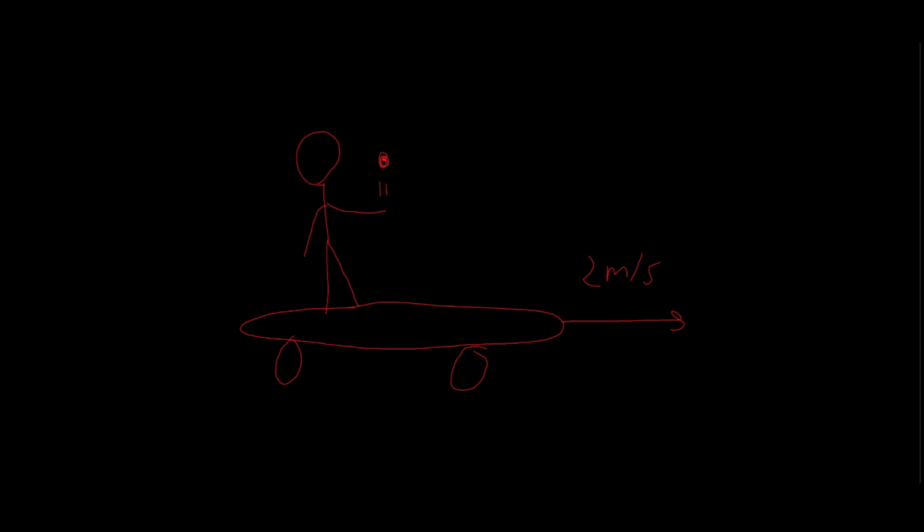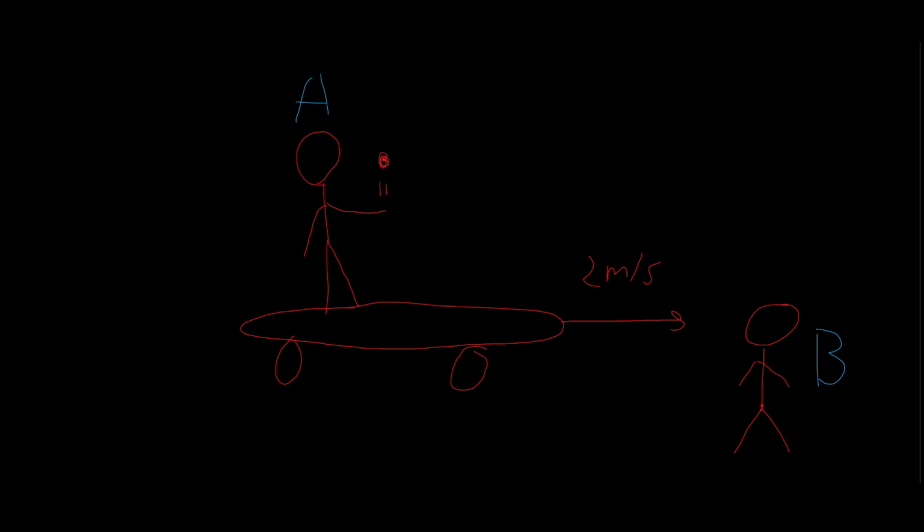While this guy's throwing this ball on the cart, there's another guy that's standing on the ground, and he's watching this. So from this scenario, what is the velocity of the ball from the perspective of person B? Let's label these persons person A and person B.